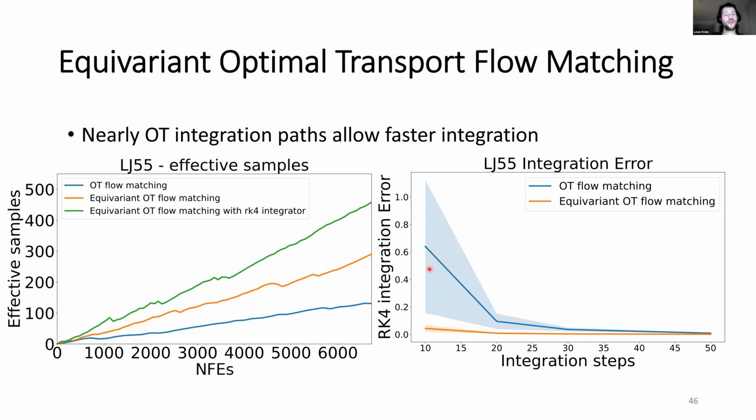So for optimal transport flow matching, as shown in blue, and then for equivariant optimal transport flow matching with the same solver, which is an adaptive step size solver, we are already much better. And then if we use the fixed step size solver with quite a few integration steps, we see that we increase the efficiency again. So including the symmetries in the training is quite important.